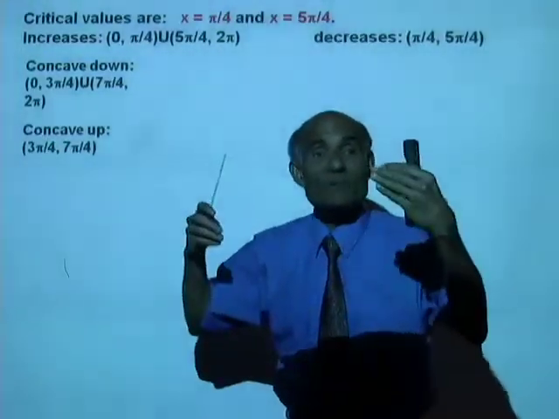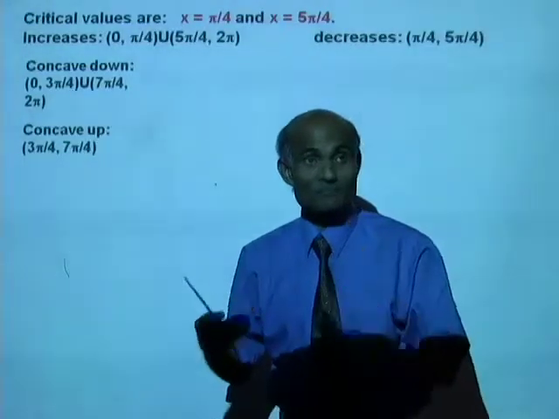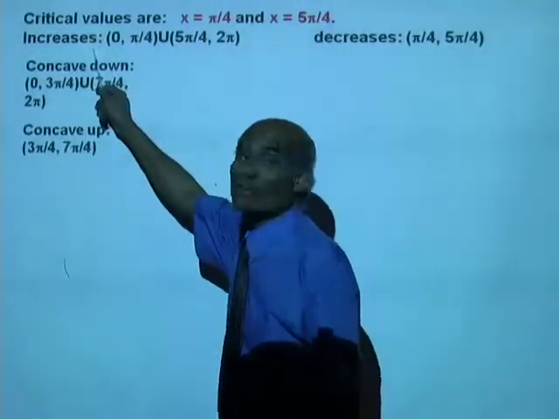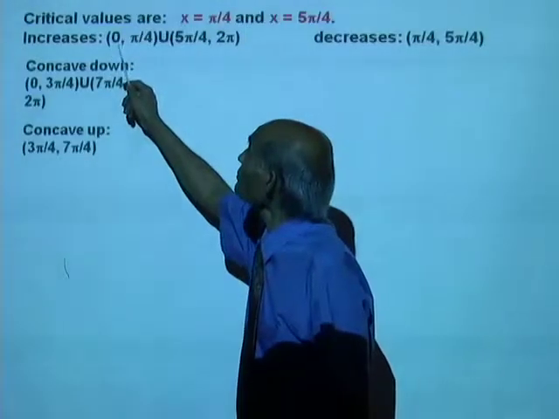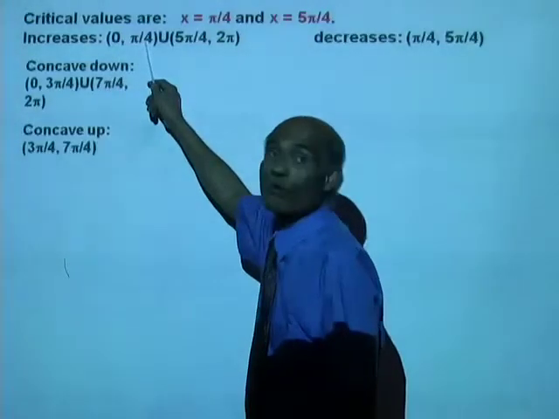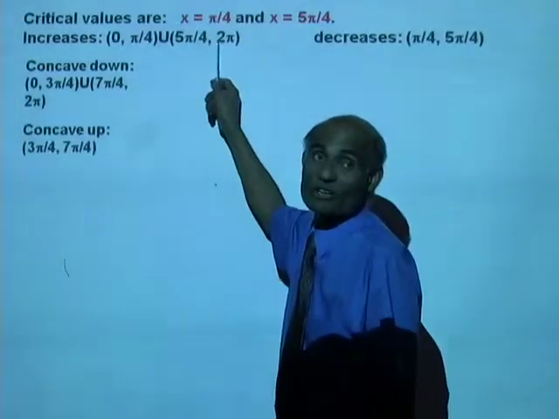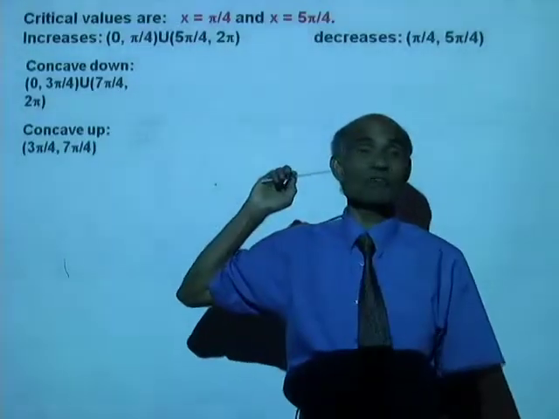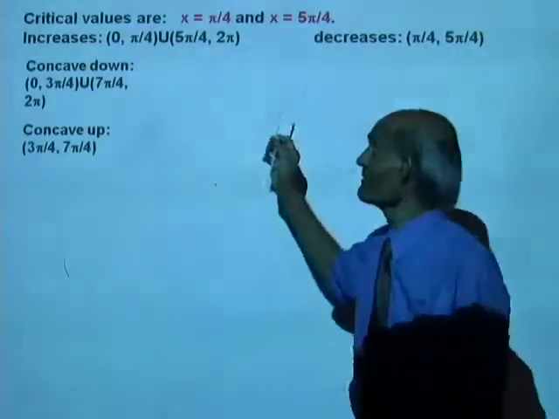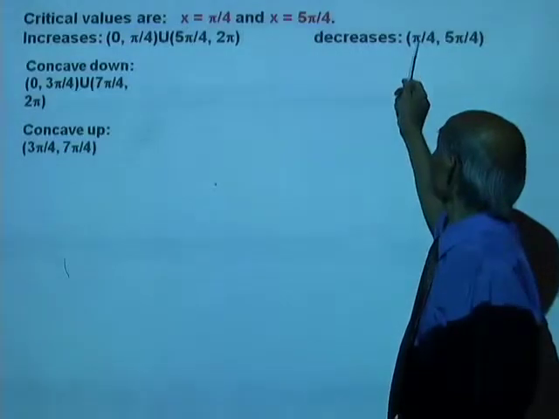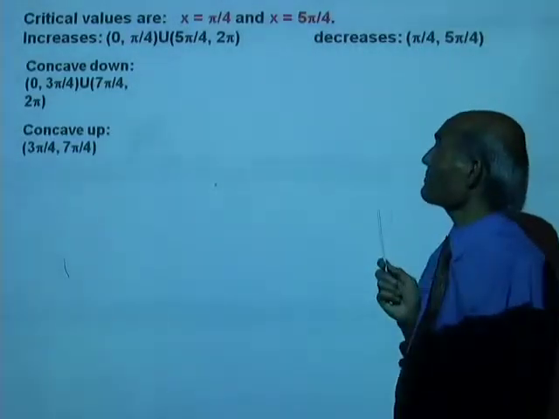They could be either maximum or minimum, is that right? Then you know that the function increases from 0 to pi by 4 and also increases from 5 pi by 4 to 2 pi. The function decreases from pi by 4 to 5 pi by 4.